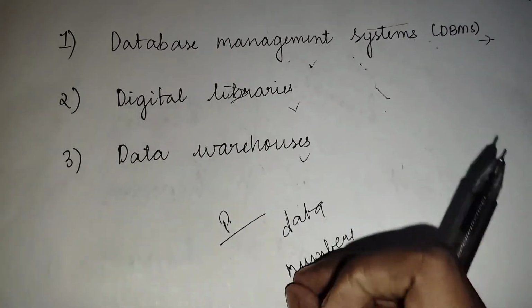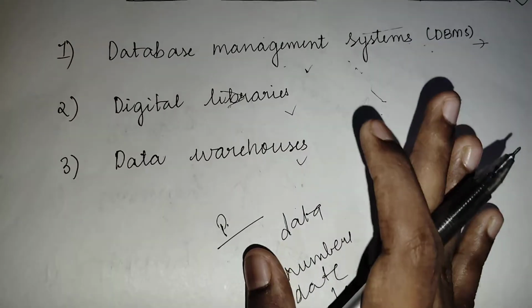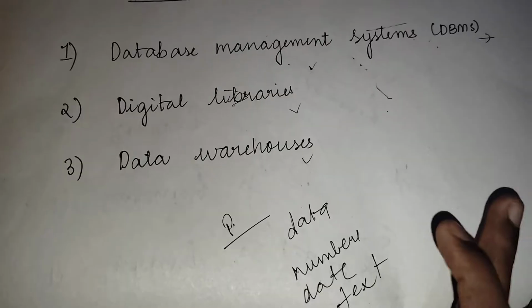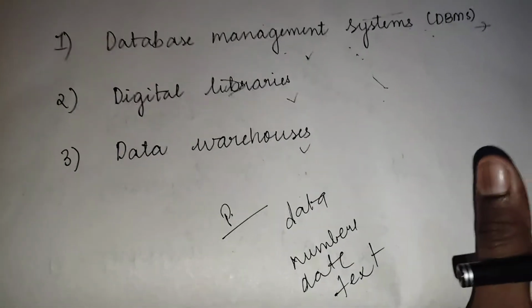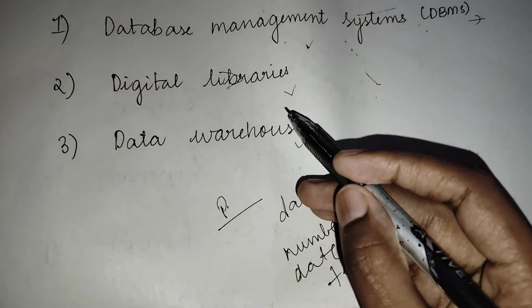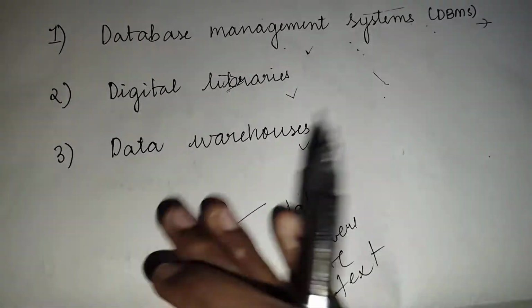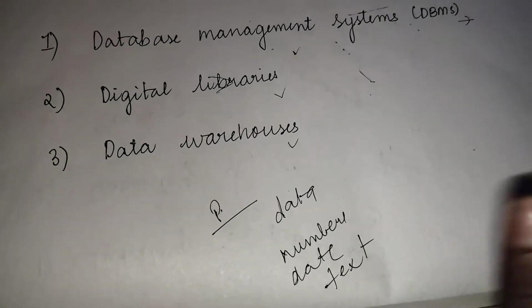All of these are organized into tables. DBMS is designed to handle structured data, numbers, dates, and text, in organized tables. The main goal of DBMS is to ensure that the data is stored and retrieved efficiently, that means with a focus on accuracy and speed.